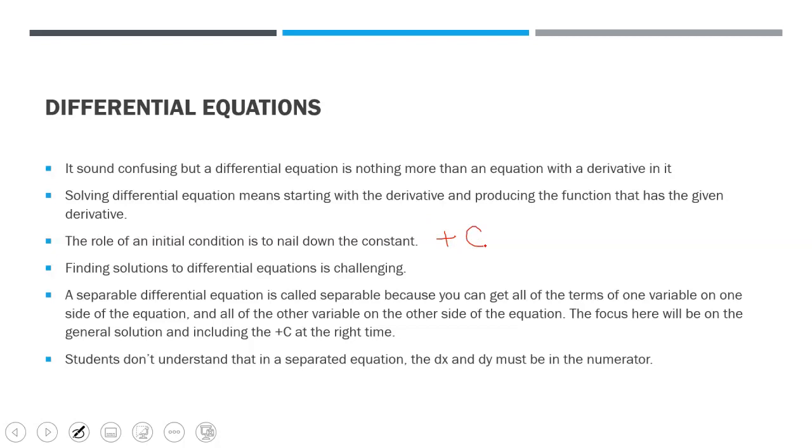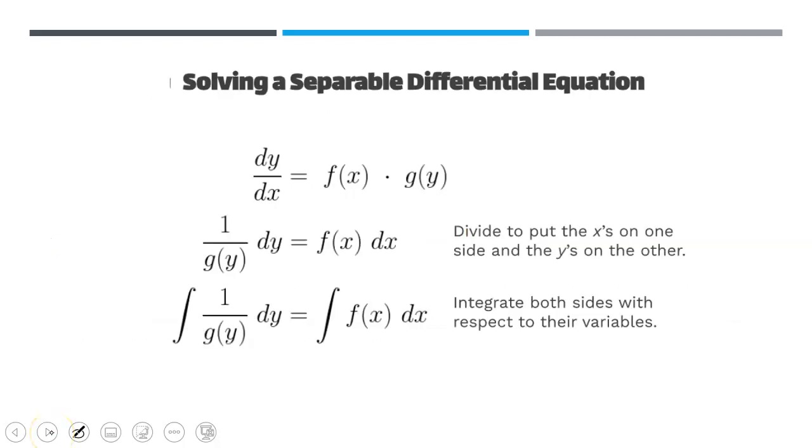Sometimes finding their solutions can be challenging. They often involve e's and ln's. We often have separable differential equations, and we have to find the general solution, which has that plus c. So you have dy dx equals f of x times g of y.